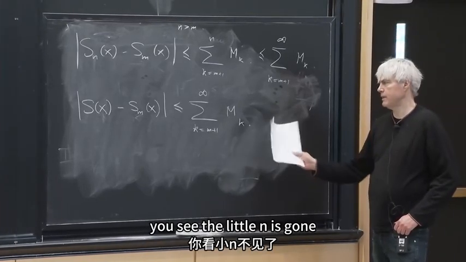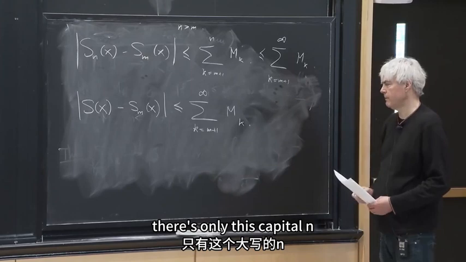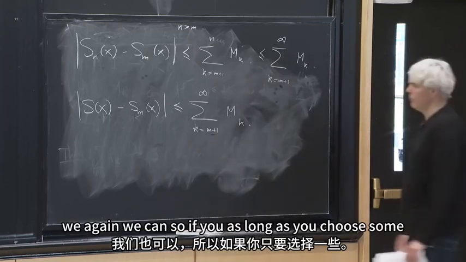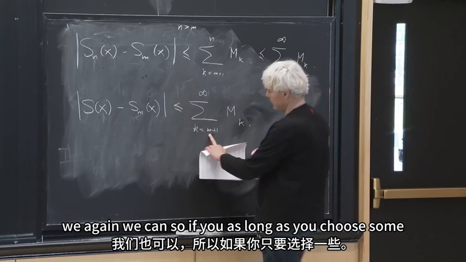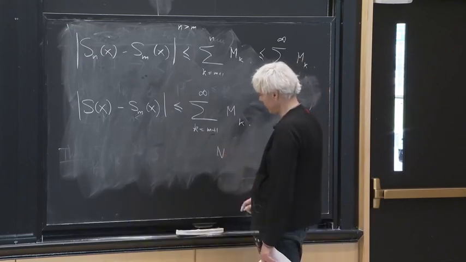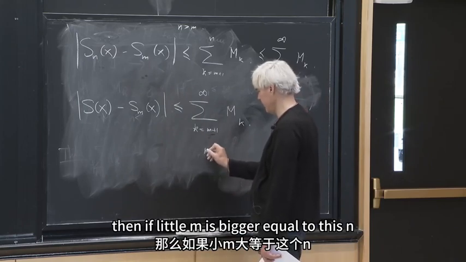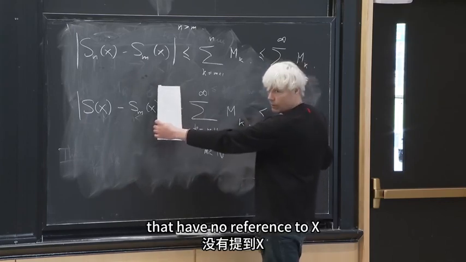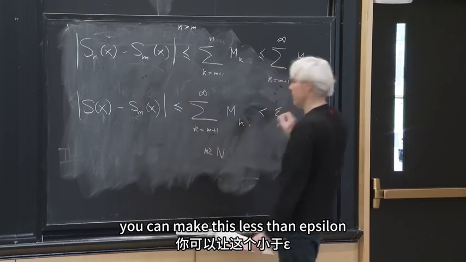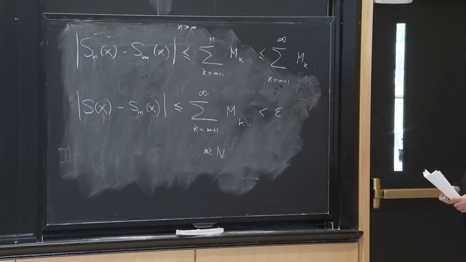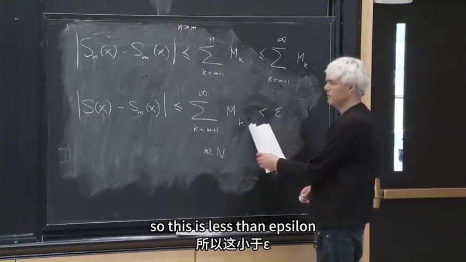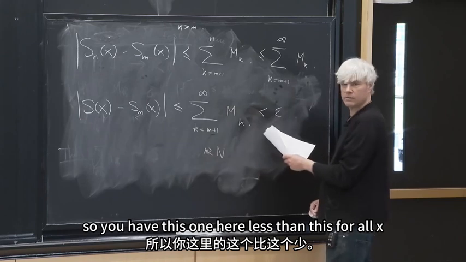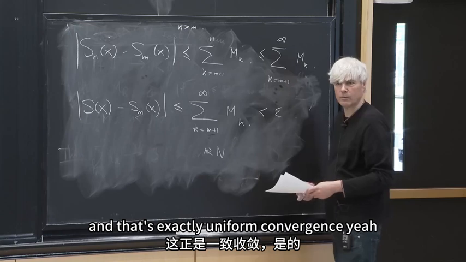You see the little n is gone, there's only the capital N, the m. And so as long as you choose m sufficiently large, then you can make this sum, which has no reference to x, less than epsilon. So you have this inequality for all x, and that's exactly uniform convergence.